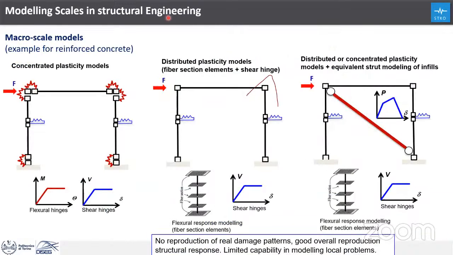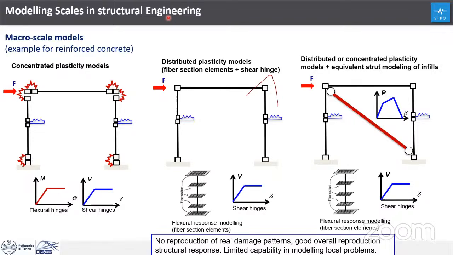The same goes, for example, for reinforced concrete. If we want to consider plastic hinges for flexural response and shear hinges, or fiber section elements with shear hinges. And for example, if you want to consider a phenomenological model like the equivalent strut model inside the reinforced concrete frames.